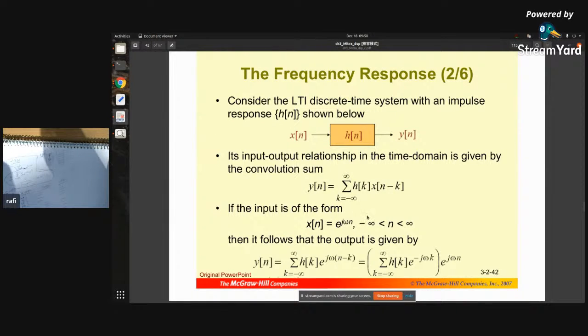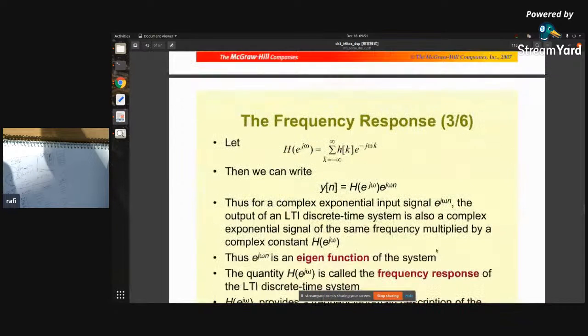Yes, it is given here also. The same thing is given here. In the place of this, he has taken that convolution is commutative, so x of k into h of n minus k, or h of k into x of n minus k, both are the same. So in the place of x of n, you take complex exponentials, and you finally get y of n as some complex constant.